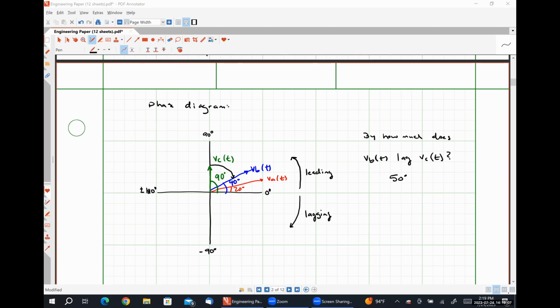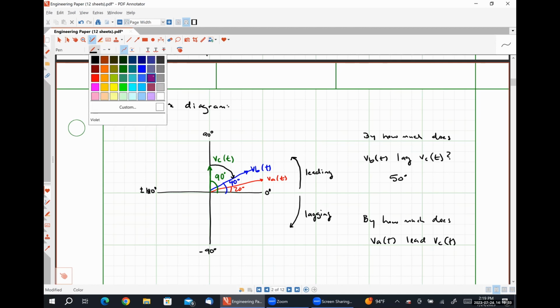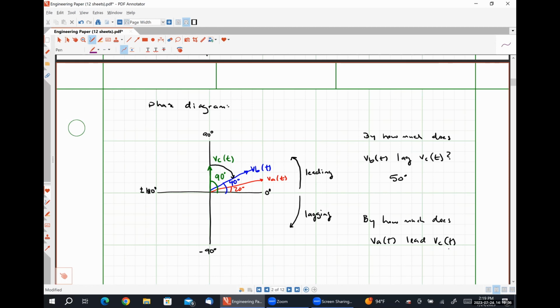Similarly, by what angle does VA of t lead VC of t? Since VC of t is the second thing in our expression, it's effectively our reference point, so we start our measurement at VC. Because we're measuring leading, we go counterclockwise.